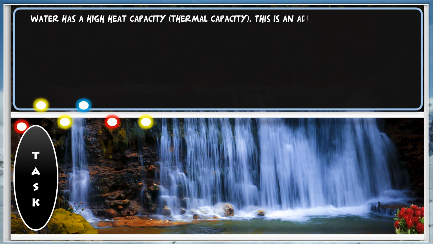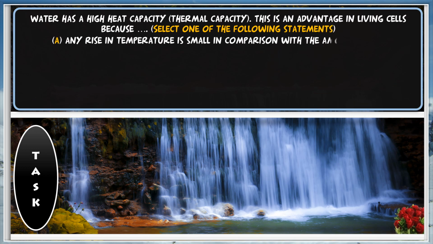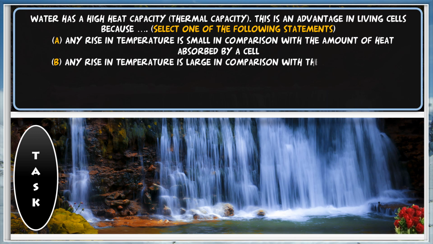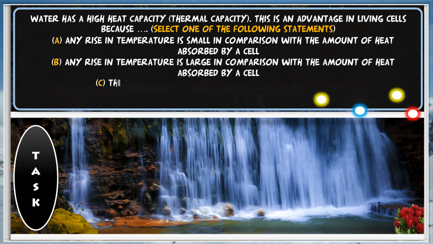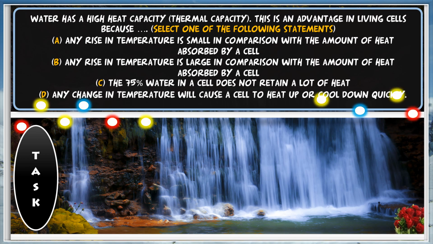Water has a high heat capacity, what we are referring to as the thermal capacity. This is an advantage in living cells because: A. Any rise in temperature is small in comparison with the amount of heat absorbed by a cell.